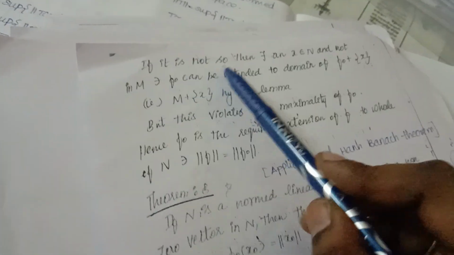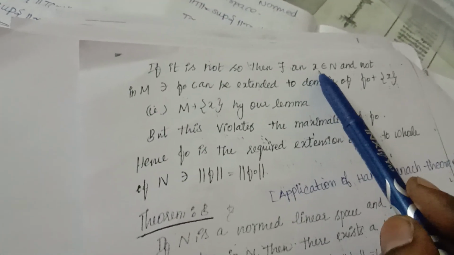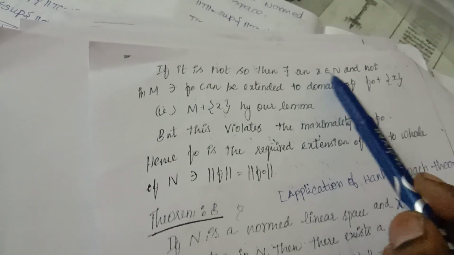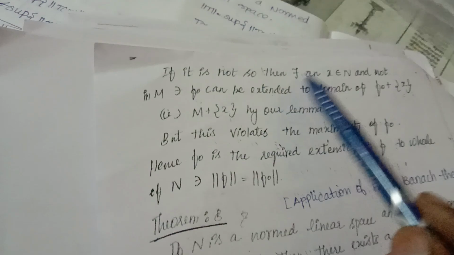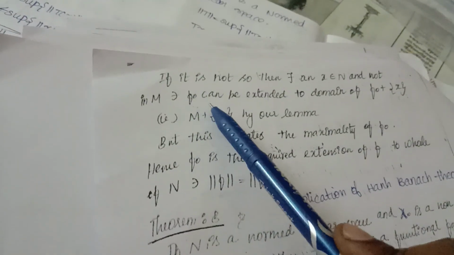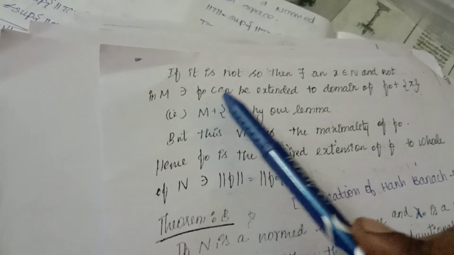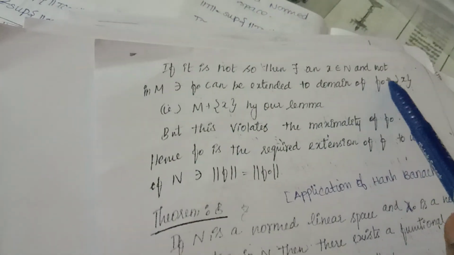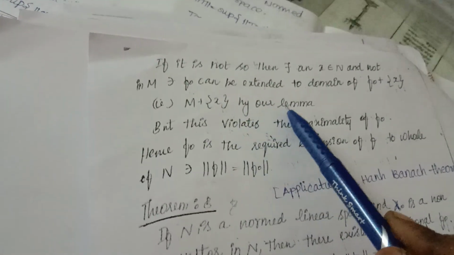If the domain of F naught is not the whole space, then there exists a non-zero vector x belonging to N and not in M. So F naught can be extended to the domain of M plus x, based on the previous lemma.